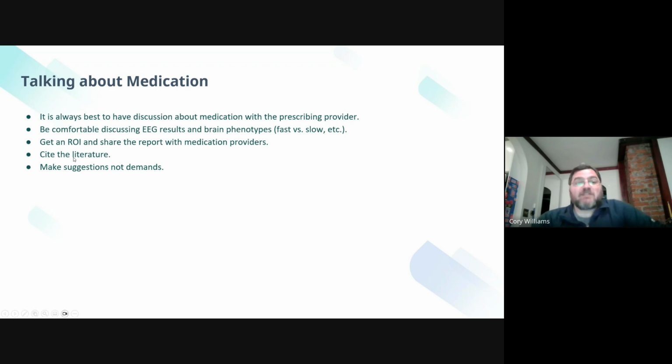If you are going to talk to someone about medication, make sure you stay grounded in literature. Right? You are not recommending, say, Lamictal because you think that's a good fit. You're recommending Lamictal because the literature suggests it's a good fit, right? So you want to stay grounded in research when you do this because, and Susanna and I have come across this many, many times, what the literature recommends for an EEG may not be the best fit for a client, right?